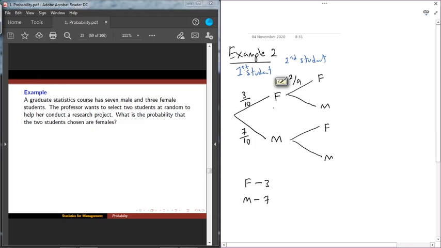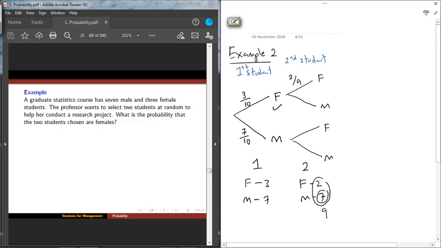If the first student is female, what is the probability of choosing a male student? Now, this is first student. In the second student, once you choose the female, left is 2. Male is still 7. What is the probability of choosing the second student? Total is how much? 9.